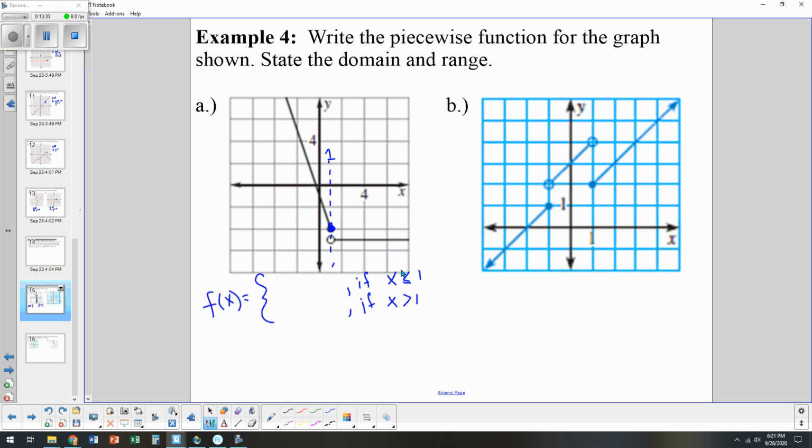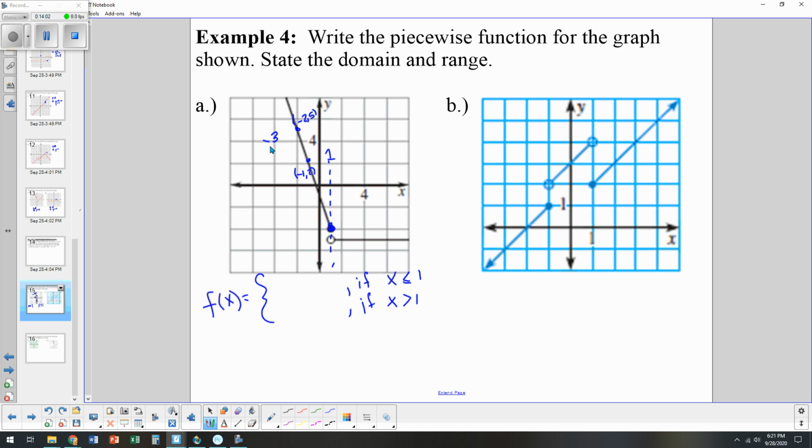So now I'm going to come up with the equation for the graph on the left. I can see that it passes through the point -2, 5, and it passes through the point -1, 2, which means it went down 3 and over 1.